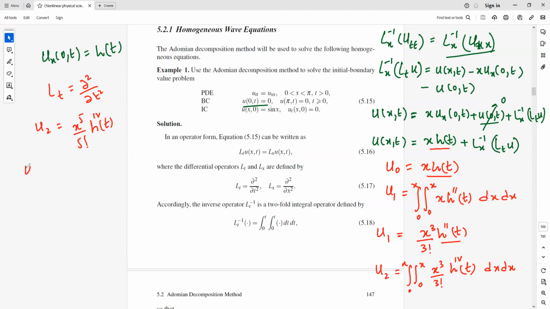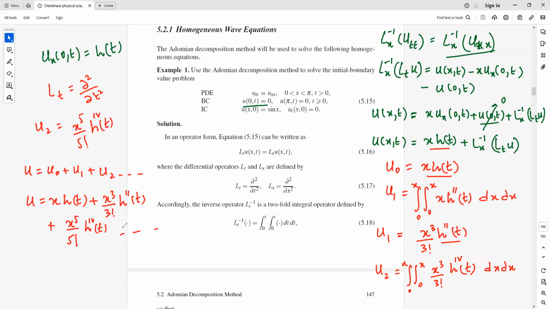Therefore now the solution is governed by the sum of the series of all the u's. Therefore u0 is x h(t) plus u1, which is x cubed over 3 factorial h double prime of t, plus x raised to the power 5 over 5 factorial times the fourth derivative of h, and so on.